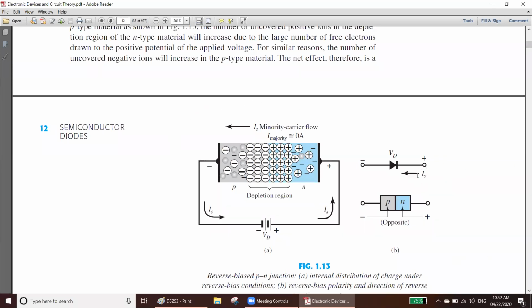So in case of forward bias, current tries to go from P to N. In case of reverse bias, current tries to go from N to P, so it cannot go because of the depletion layer.